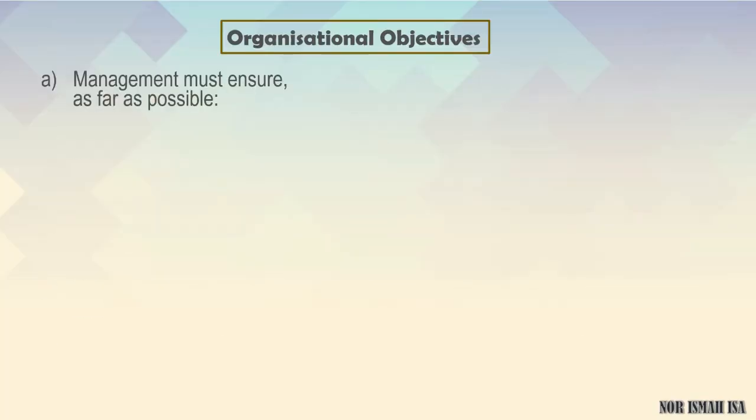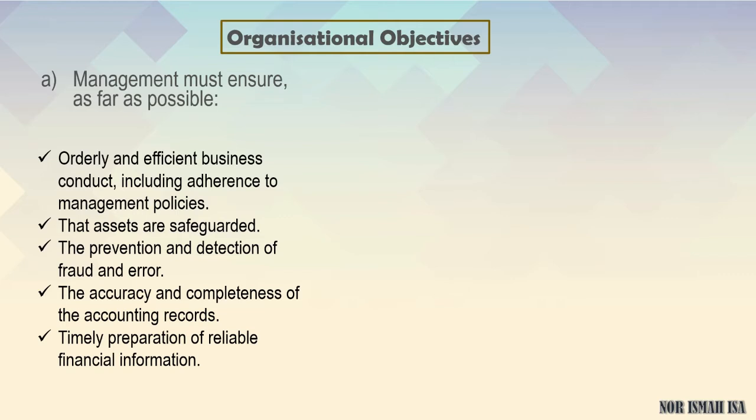Organizational objectives have two parts. One, management must ensure, as far as possible, orderly and efficient business conduct, including adherence to management policies, assets are safeguarded, the prevention and detection of fraud and error, the accuracy and completeness of the accounting records, and timely preparation of reliable financial information.